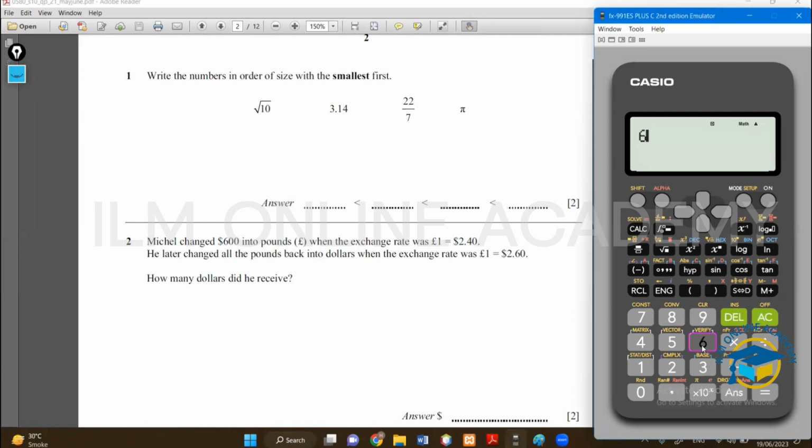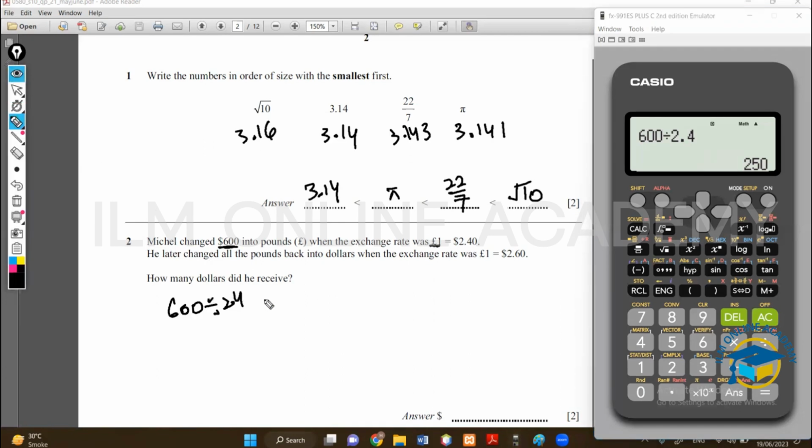If we see this, 600 divided by 2.4 equals 250. It means he got how many pounds? He got 250 pounds when he first exchanged dollars into pounds. So he got 250 pounds. Okay.